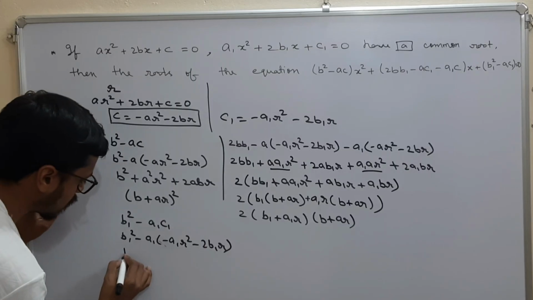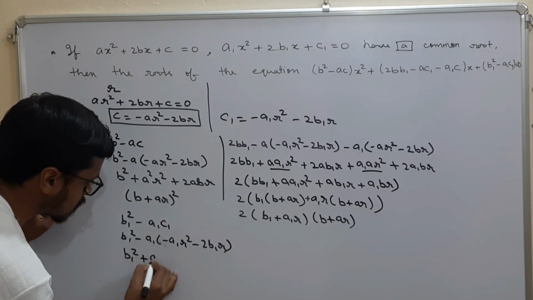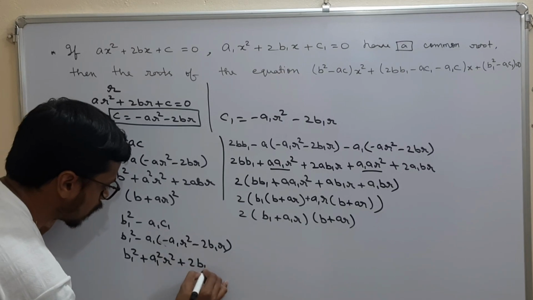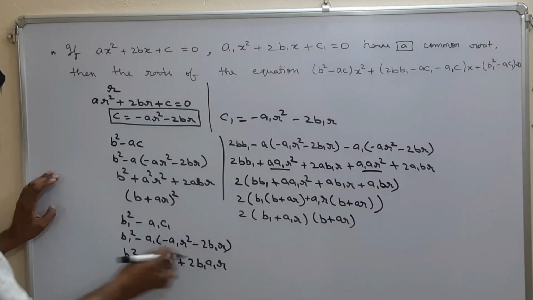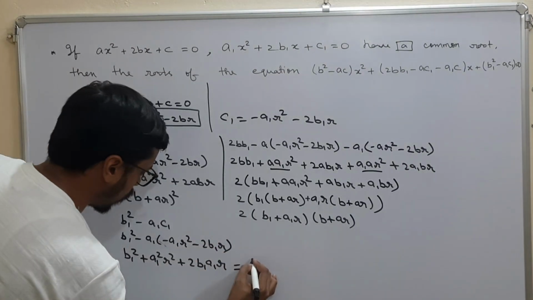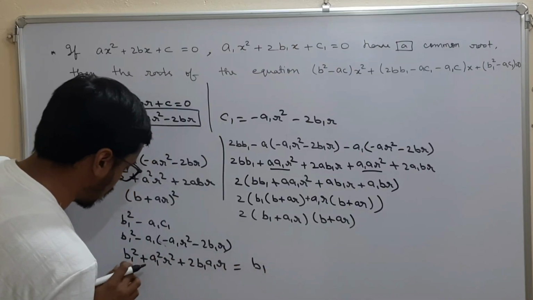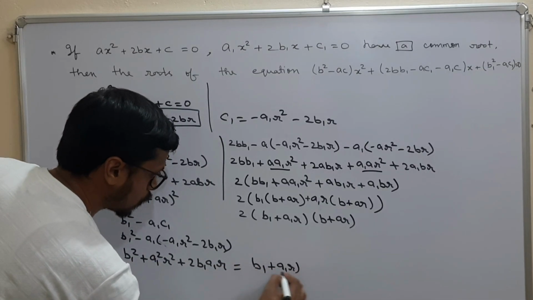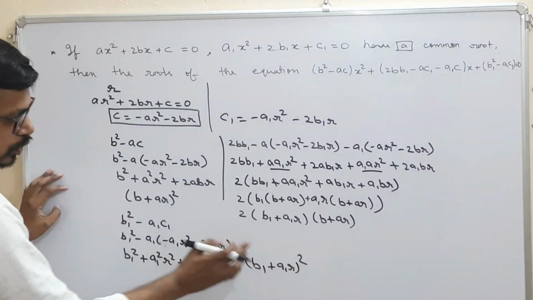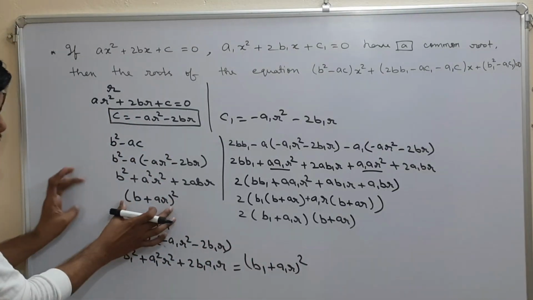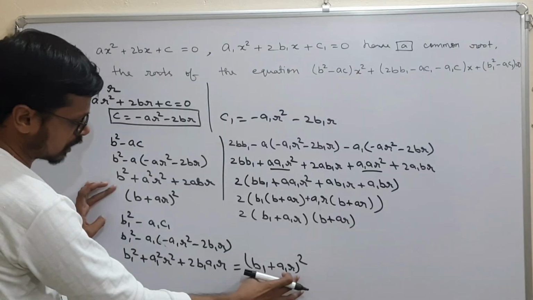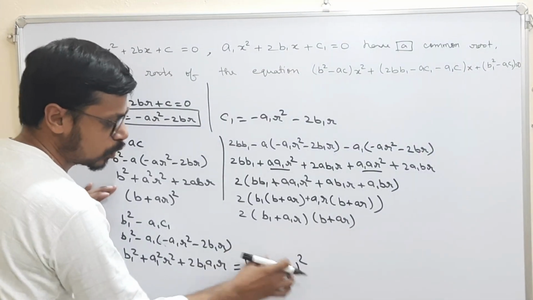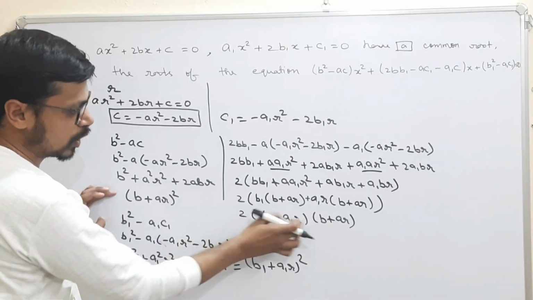So if we solve this part, it will come b1 square plus a1 square r square plus 2b1a1r. Okay, so again it will also be in the form of b1 plus a1r whole square. Okay, so now you see here what we are getting: b plus ar whole square, here we are getting b1 plus a1r whole square, and here we are getting the 2ab term.